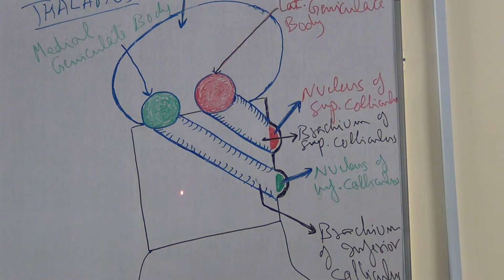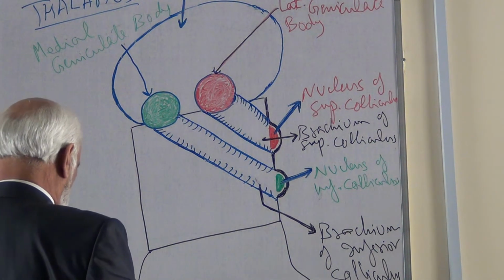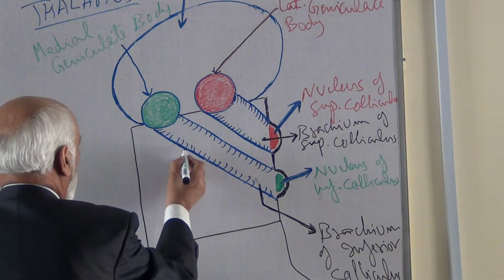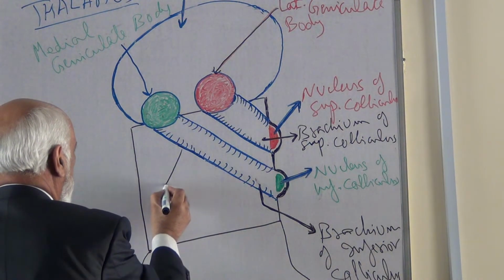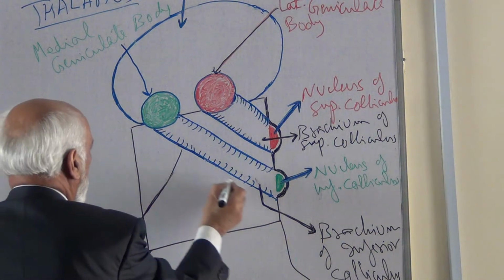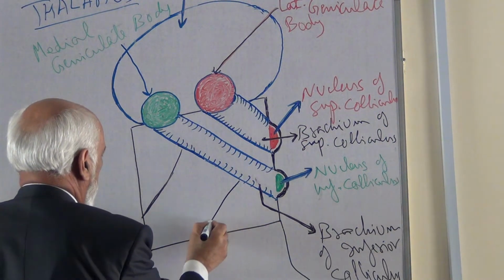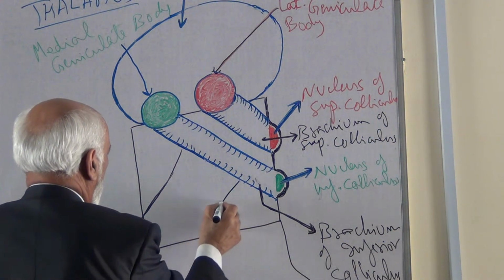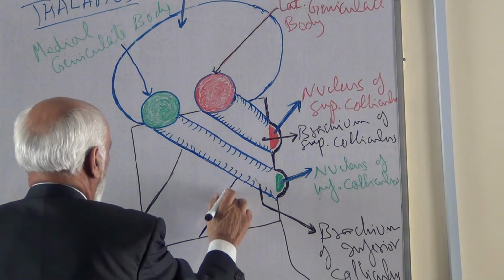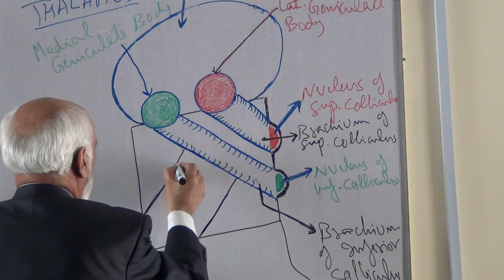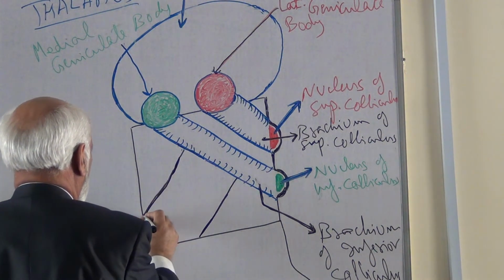Now on the lateral surface of the lower part of the midbrain, here there is another broad elevation known as the lateral lemniscus, which runs upwards and backwards up to the brachium of the inferior colliculus.